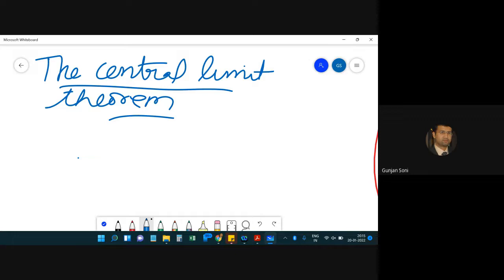Why? Let's see that. There is a probability distribution which we have already talked about. There's another term called sampling distribution.